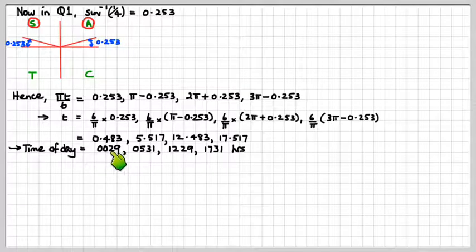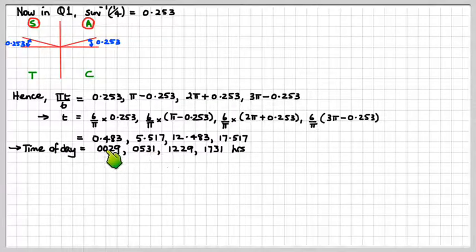I'm doing it in 24-hour, military talk and aviation talk. That's 29 minutes after midnight. Now that's 5 hours plus 0.517 times 60 minutes, which gets you to 0531 hours, and so on and so on. Now, therefore, these are the times when the tide is exactly 1 metre above sea level.